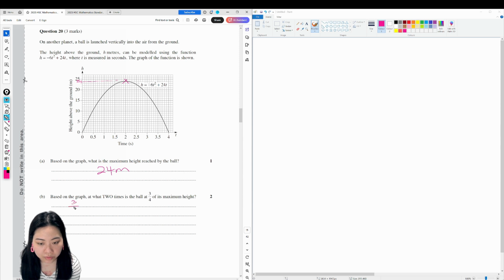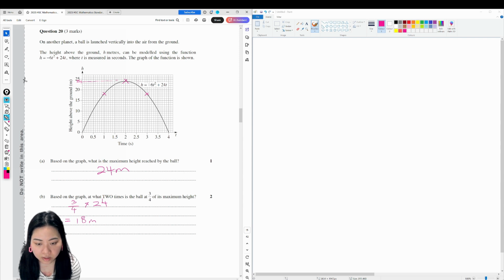B. Based on the graph, at what 2 times is the ball at 3/4 of its maximum height? Well, what is 3/4 of its max height? 24 divided by 4 times 3, 6 times 3, 18 meters. When is it there? Over here at 1 second and at 3 seconds.